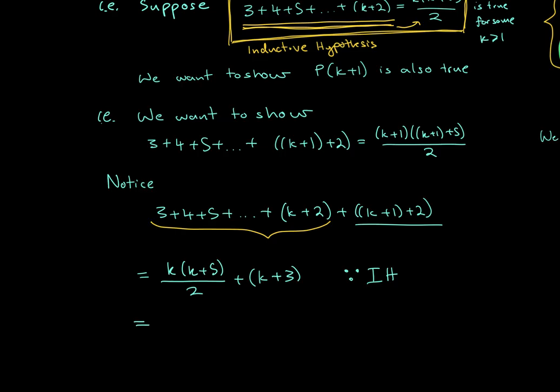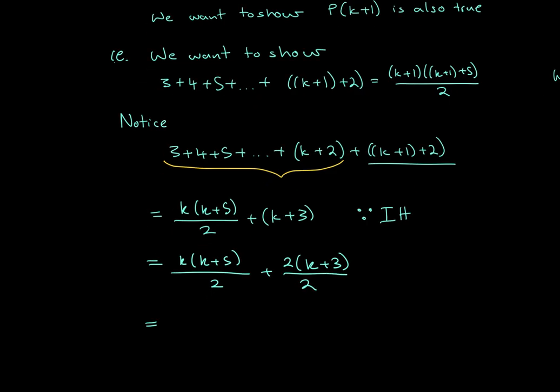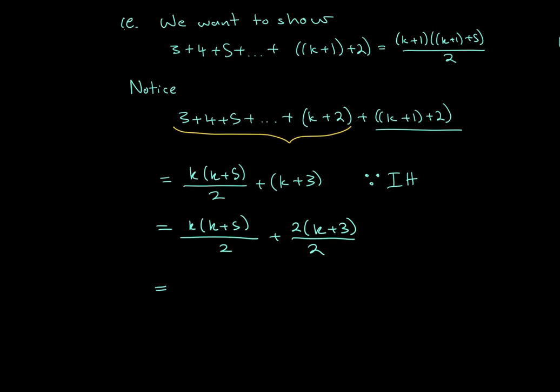This is going to be the same thing, of course, finding common denominators. That's k times k plus 5, all divided by 2, plus 2 times k plus 3, all divided by 2. Okay, but that's the same thing as, let's see, k squared plus 5k plus 2k plus 6, all divided by 2.